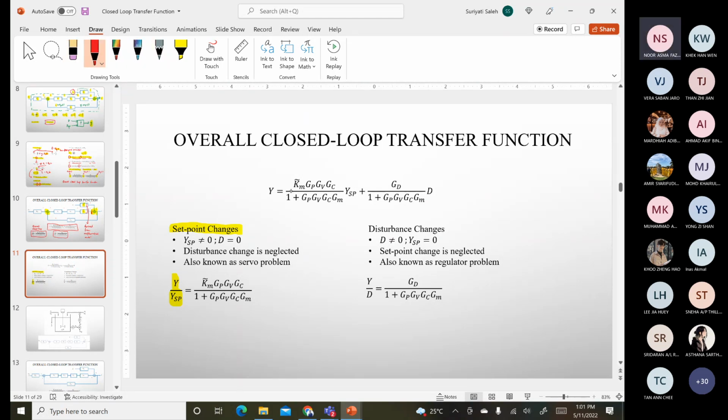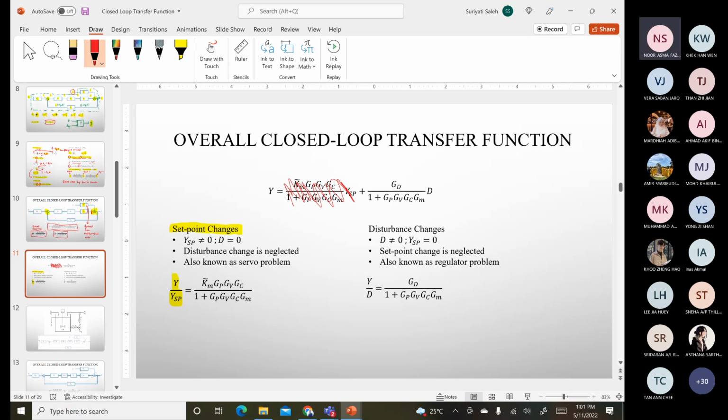So for the disturbance changes, from the overall, you neglect the YSP. So you have Y equal to GD over 1 plus GP, GV, GC, GM, multiplied with the disturbance variable. For the disturbance changes, your set point change is neglected, and this is known as the regulator problem.